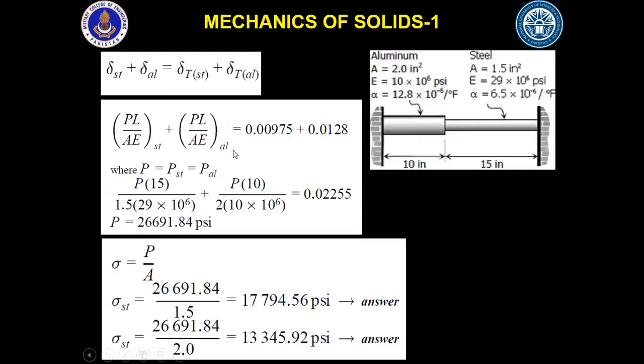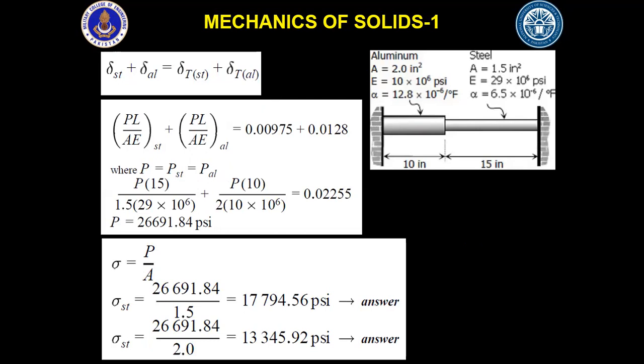Now, when we are talking about the internal deformations, the deformations that are being produced because of the thermal expansion are going to be equal to the deformations in the material. Like the temperature deformations are basically deforming the material. What are they going to deform?